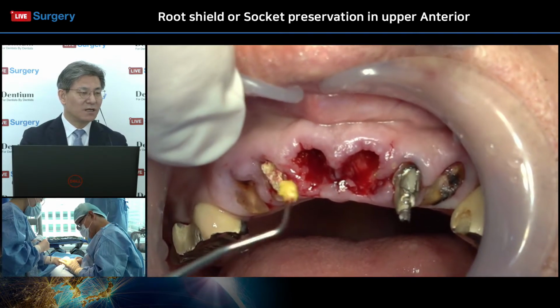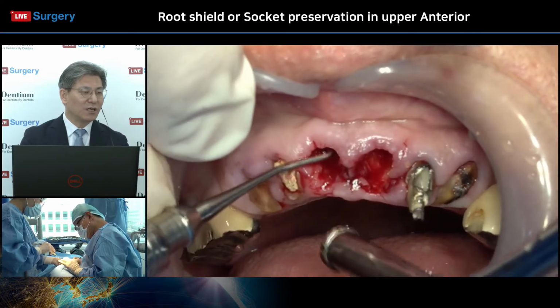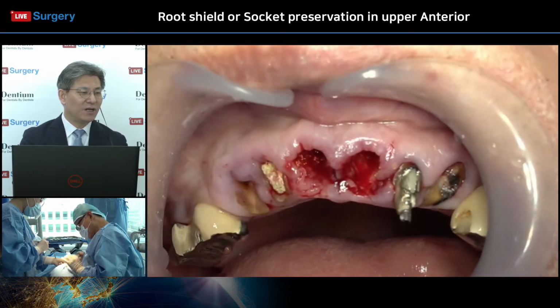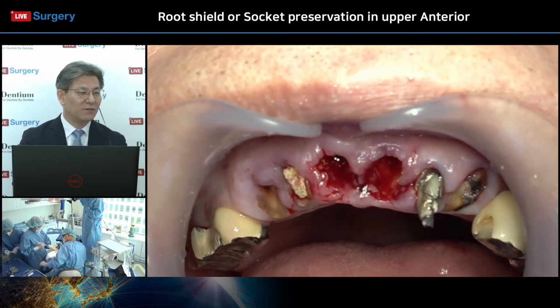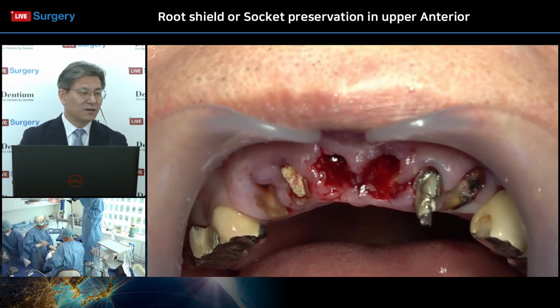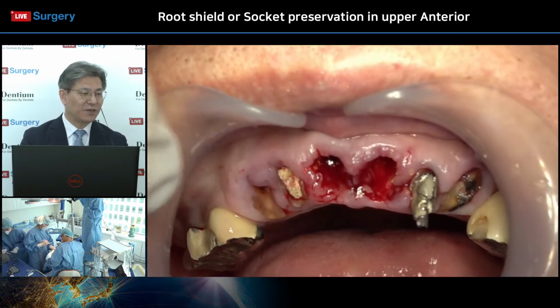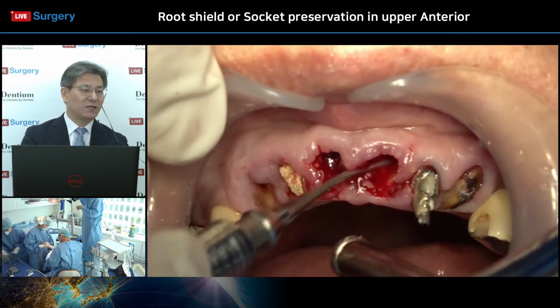The normal concentration is 5 milligrams per milliliter of saline, and then apply it to the socket area for detoxification.